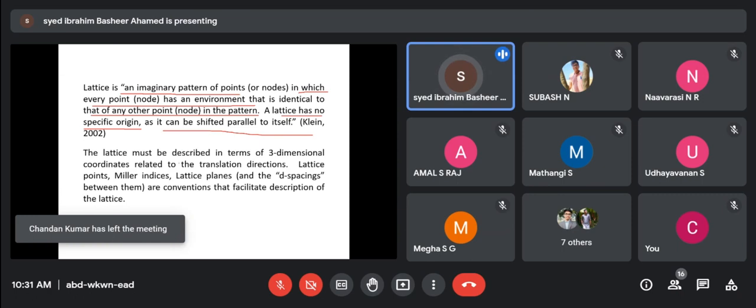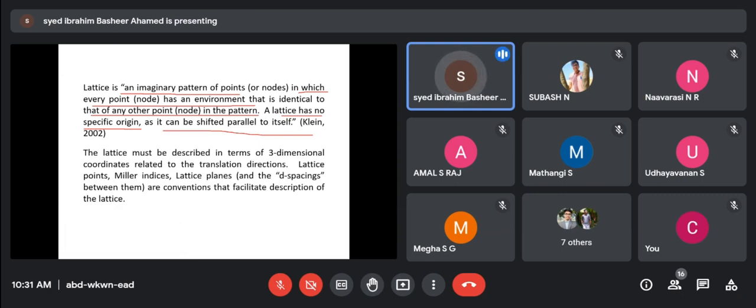So the lattice must be described in terms of 3-dimensional coordinates related to translation directions. The lattice points are generally denoted by Miller indices, lattice planes, and so on. And you have 2 different lattice planes like this.